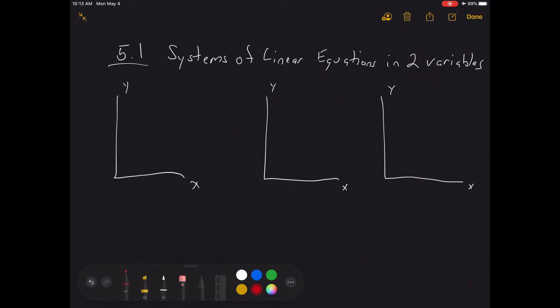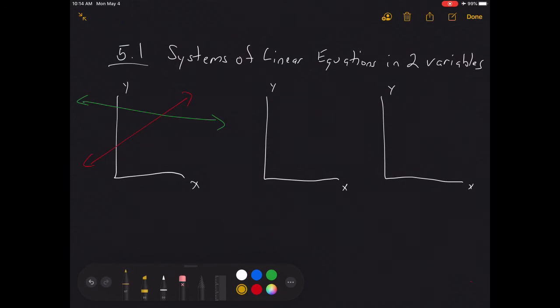I could have an equation that the first line does something like this. And then I could have something else where, as long as the slope of the second line is different than the first one, it's going to intersect the second one somewhere. So this one, you can clearly see, intersects.